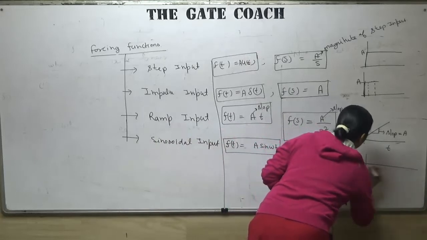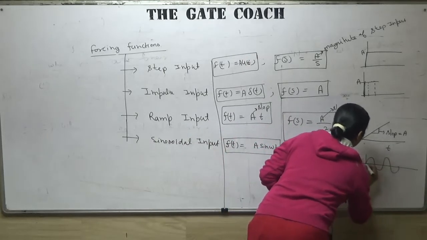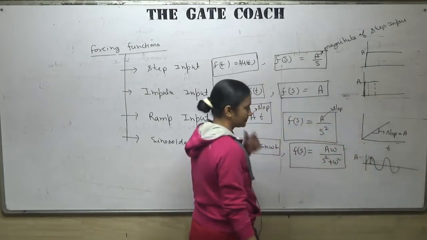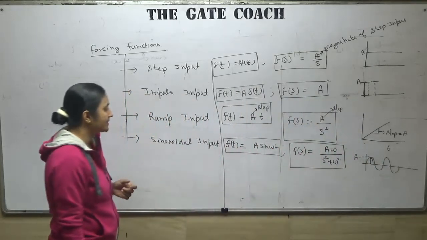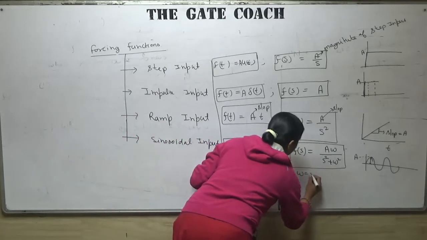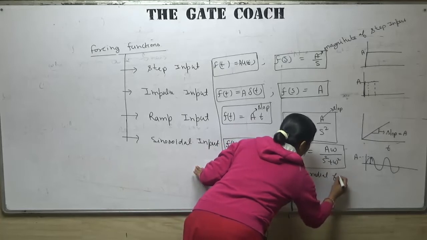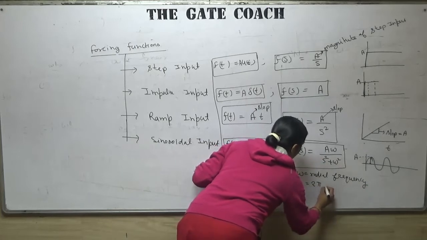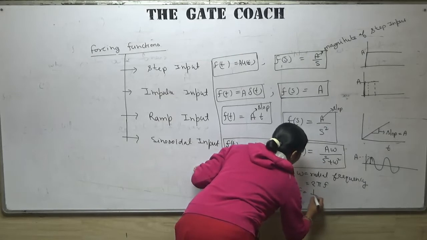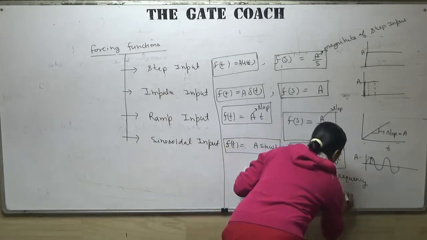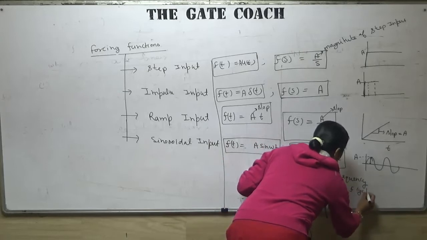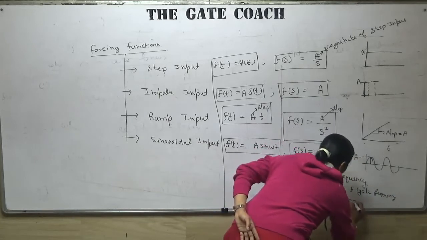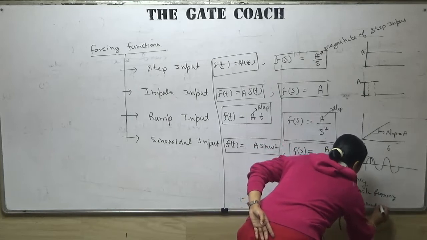If the sinusoidal wave is here, this is your amplitude A. Omega is the radial frequency, which is equal to 2 pi f, and f is 1 by T, where f is the cyclic frequency and T is the period of oscillations.